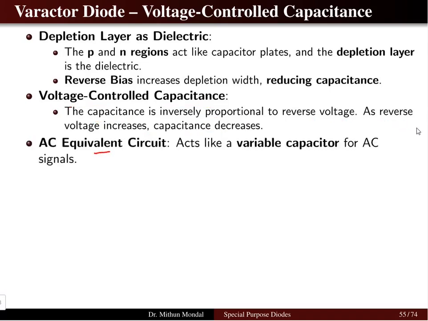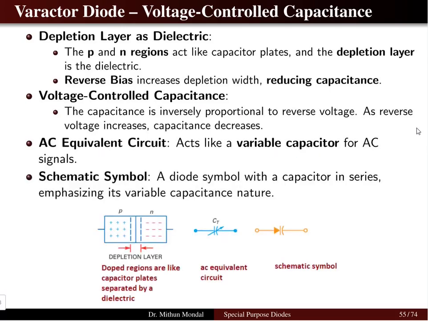If we talk about the AC equivalent circuit, the depletion layer formed in the PN junction diode is treated as a variable capacitor for an AC signal. This is represented with the symbol of a Varactor diode: a diode with a capacitor at the anode.